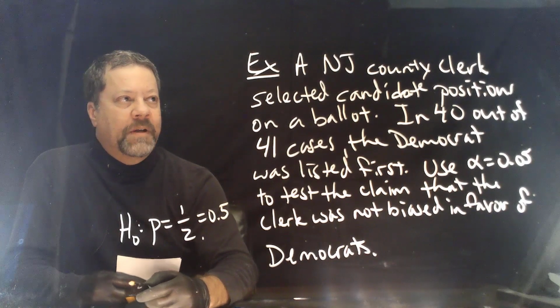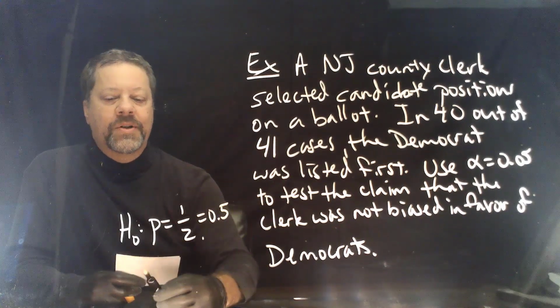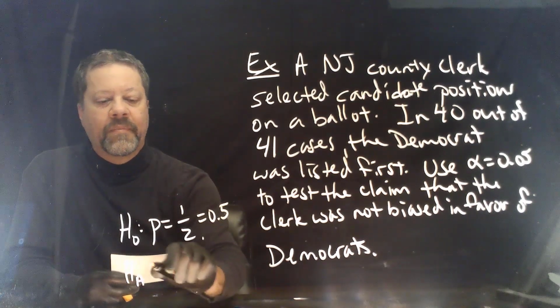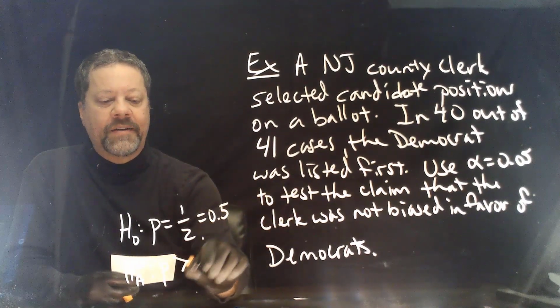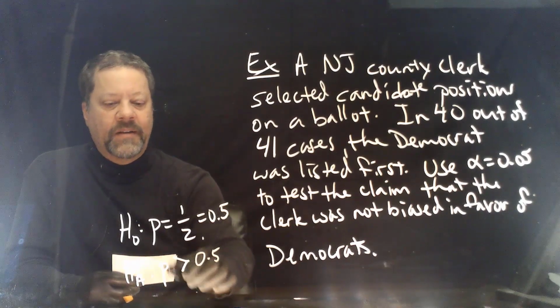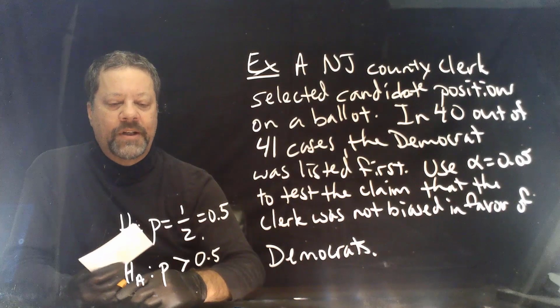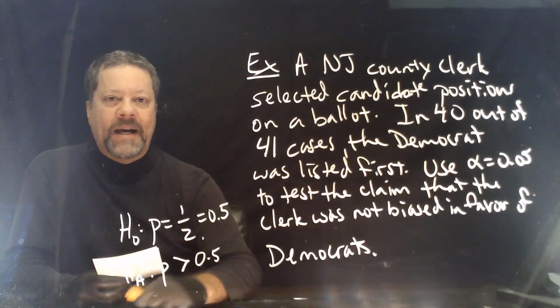So if the county clerk were truly fair, the proportion should have been 0.5, but the alternative should be that the proportion in favor of Democrats is greater than 0.5. We'll assume initially the clerk is not biased. The alternative will be the clerk is biased.